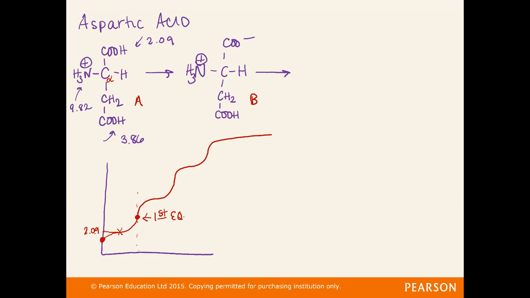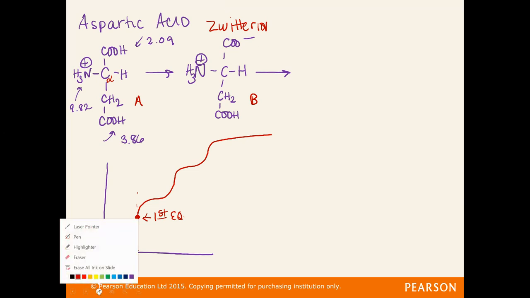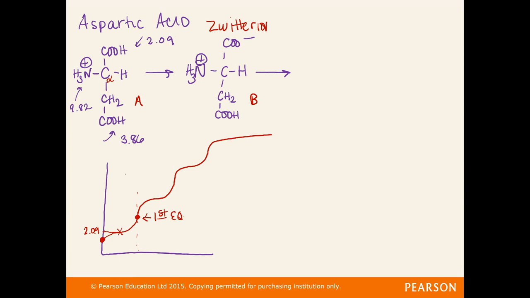All right, so that's structure B. If we look at its charge, that's our zwitterion. Okay, see how it's neutral? All right, so now we're going to look at the pKa's and see who ionizes next, and that would be the H on the R group, right?